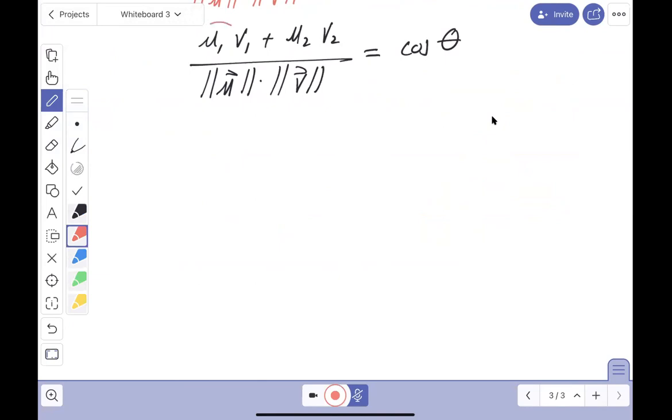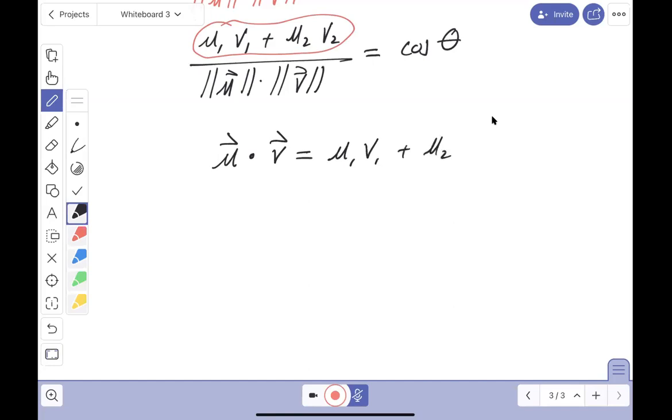This guy up here pops up so much in mathematics that they gave it a name. And I'll tell you what the name is. U dot V is that result, which is U1 V1 plus U2 V2. Let's write that down now.